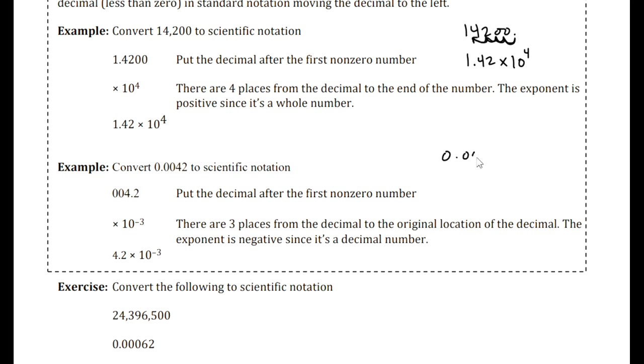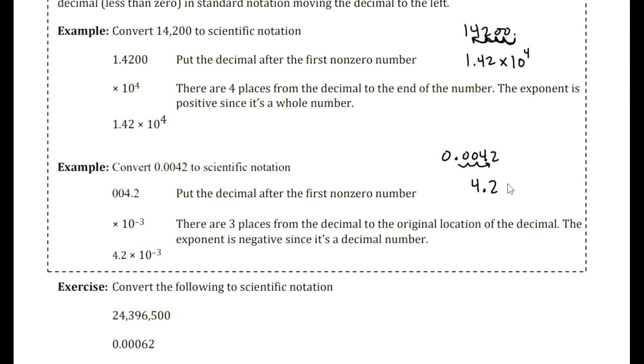We can also take small numbers and do the same with them. So 0.0042 is not between 1 and 10. I'm going to move the decimal place 1, 2, 3 times to get a number that is between 1 and 10, 4.2.